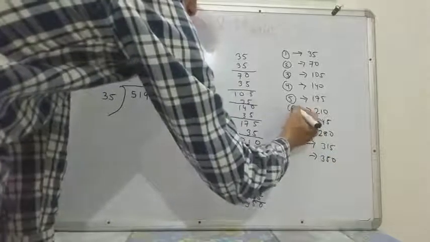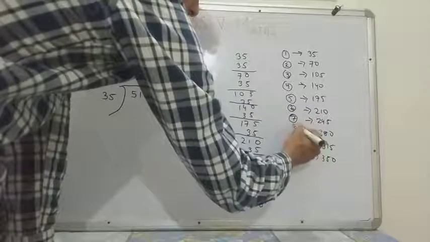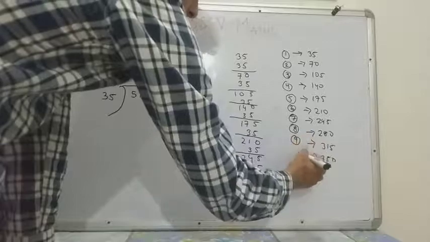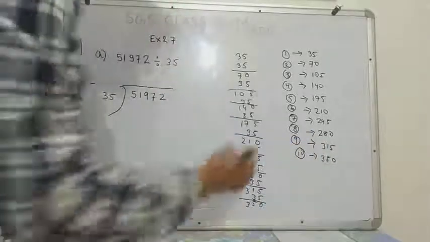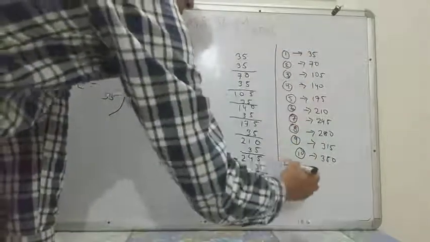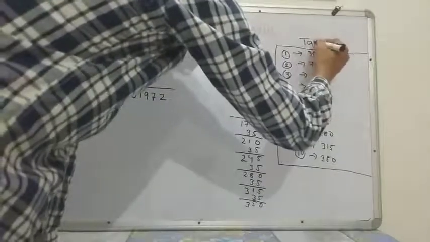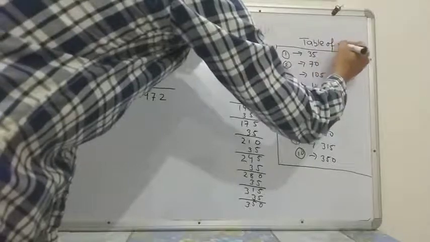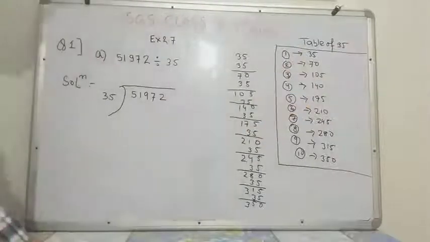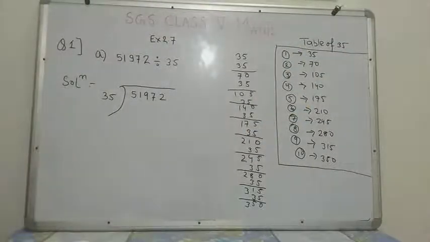These are your 6 times, 7 times, 8 times, 9 times, and this is your 10 times. Now you have prepared your table of 35, and it will be easy for you to divide.